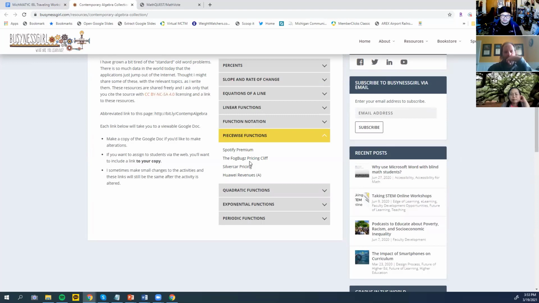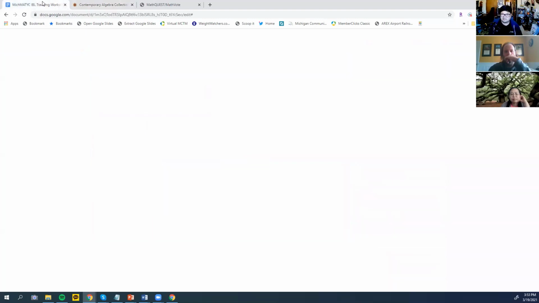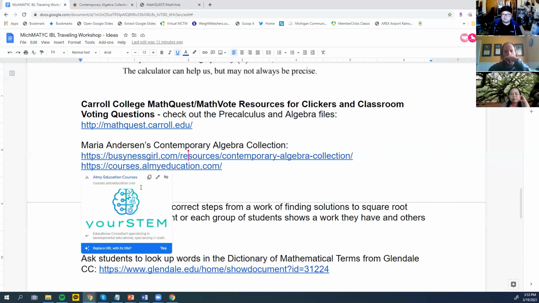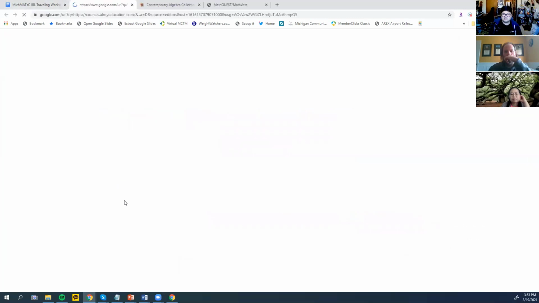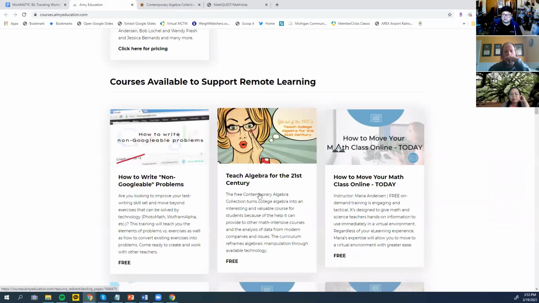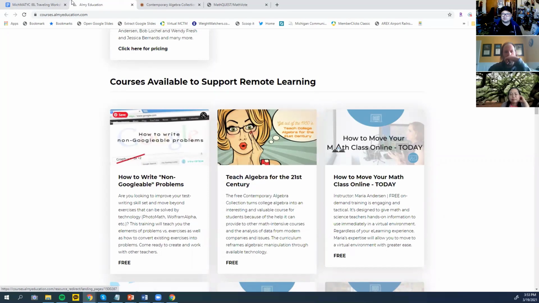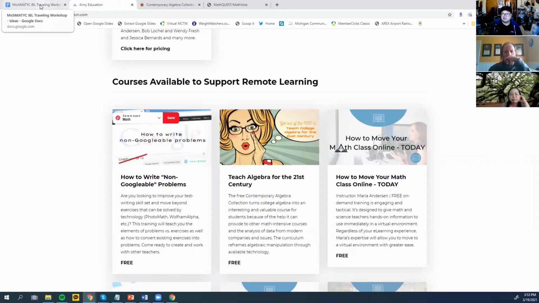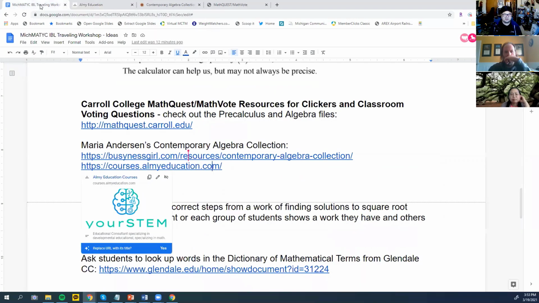So they realize that drawing the graph beyond certain x values didn't quite make sense. And then Maria Anderson has a course on Elmi education that is an expanded version of the contemporary algebra collection, where there are more real world, contemporary examples for every topic in algebra.